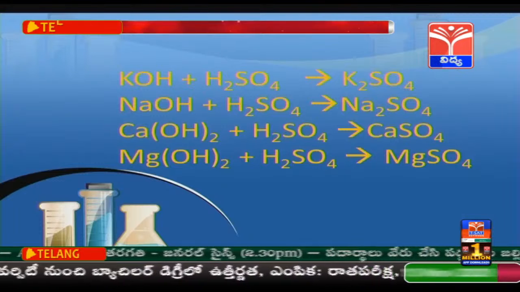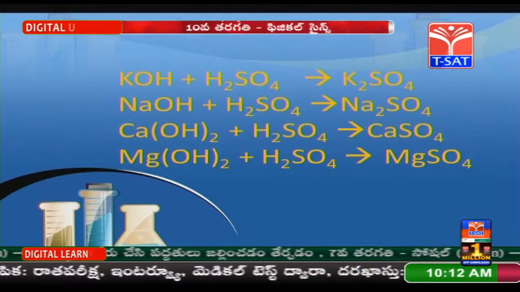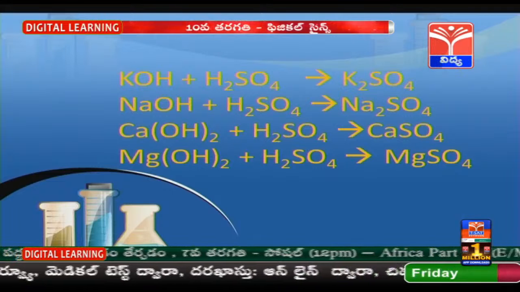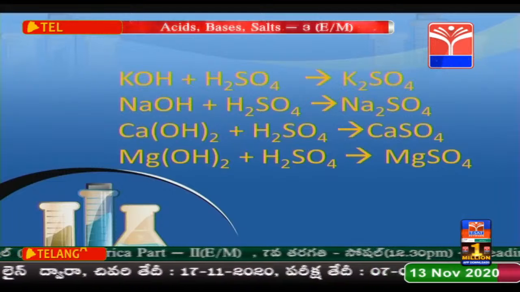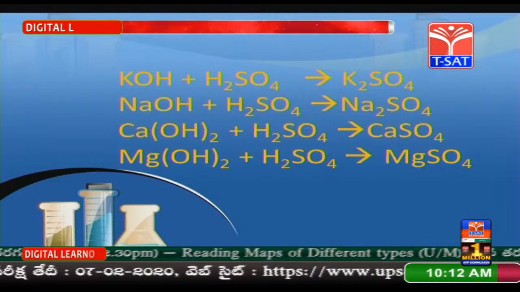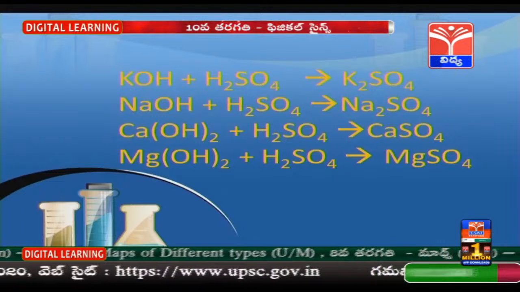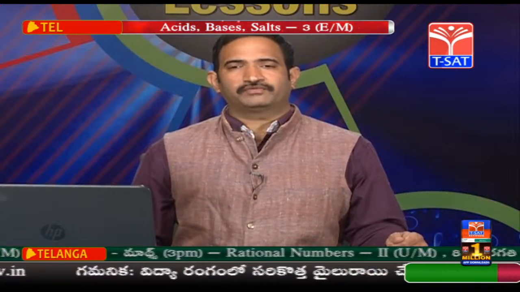Next, sulfuric acid is reacting with calcium hydroxide. It is giving rise to a salt, CaSO4. Next, magnesium hydroxide is reacting with H2SO4. It is giving rise to magnesium sulphate. Please remember children, all salts are formed along with the formation of water molecules.